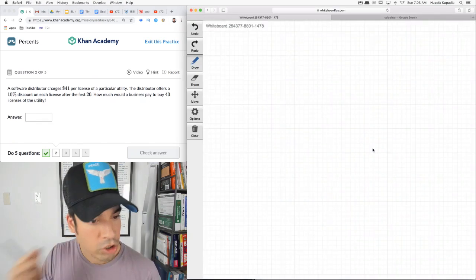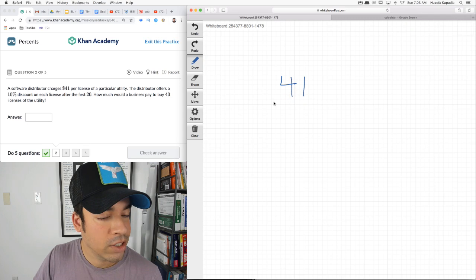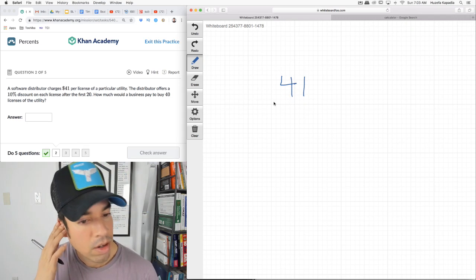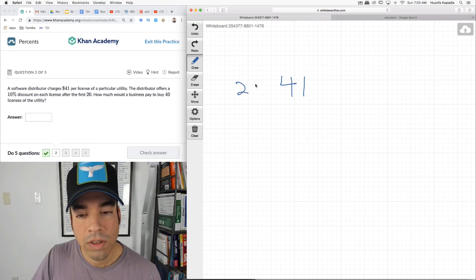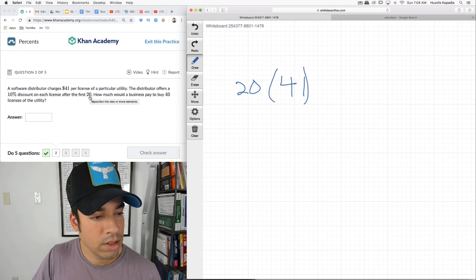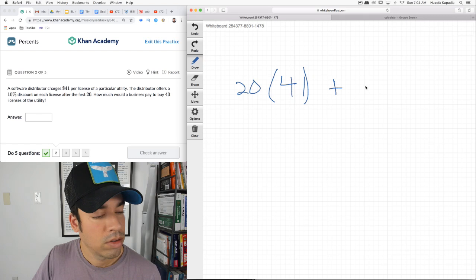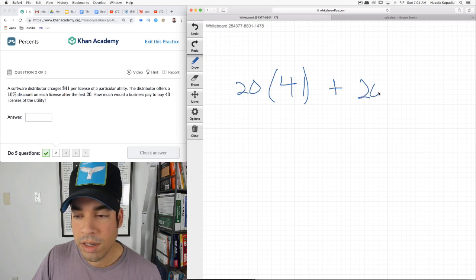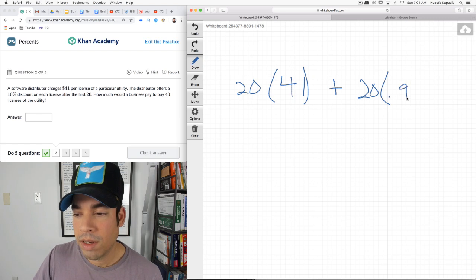A software distributor charges 41 per license of a particular utility. The distributor offers a 10% discount on each license after the first 20. Okay. How much would a business pay for 40 licenses? So it's like 20 times 41, because we get the first 20 licenses at the regular price, plus 20 times 0.9 times 41.